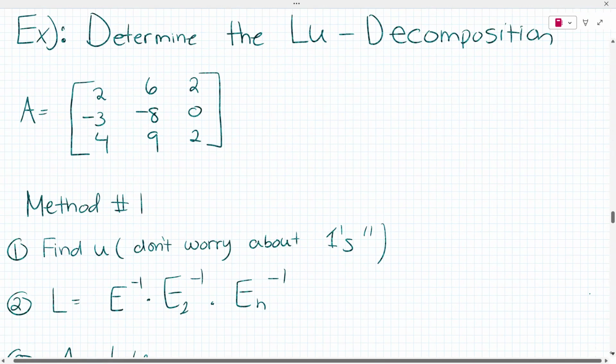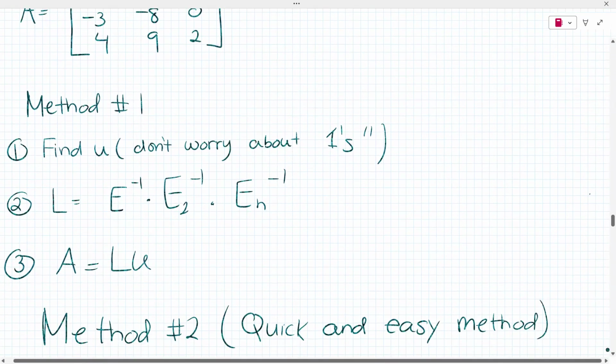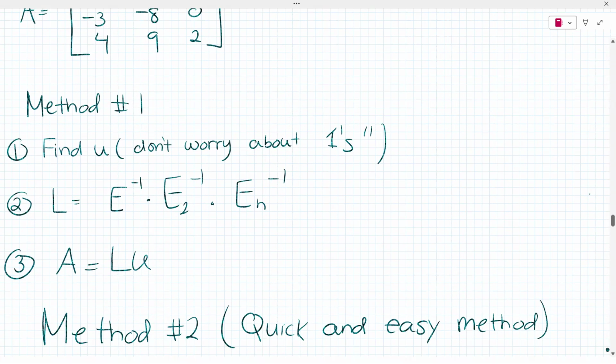What we're going to do is solve using method one, which is where you find your U and don't worry about making the diagonals one. And then you find L by taking your commands, E1 inverse times E2 inverse times E3 inverse.